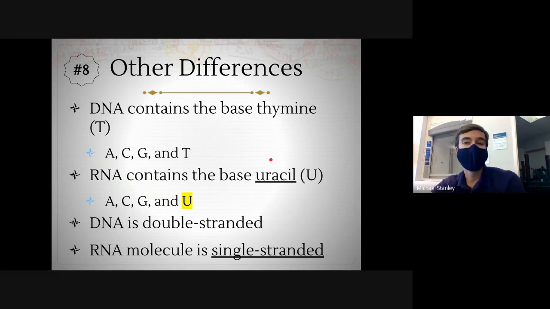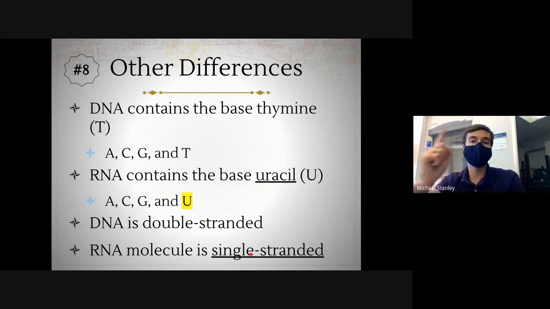So that's probably the most important difference, or the one that's going to come up the most when we're going through these notes and when you're doing your homework. So RNA does not have any T's, no thymines. It has uracil instead. It has a U instead of a T. Finally, probably the most obvious difference, if you're ever looking at DNA and RNA, is that DNA is double-stranded, whereas RNA is single-stranded.